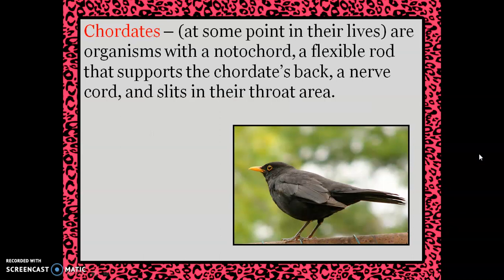First thing we need to talk about is that we are talking about chordates. Chordates are animals in phylum Chordata. All of these animals, at least at some point in their lives, have a nerve cord and some type of flexible rod in their back that provides support, and they have slits in their throat area at some point during their development.